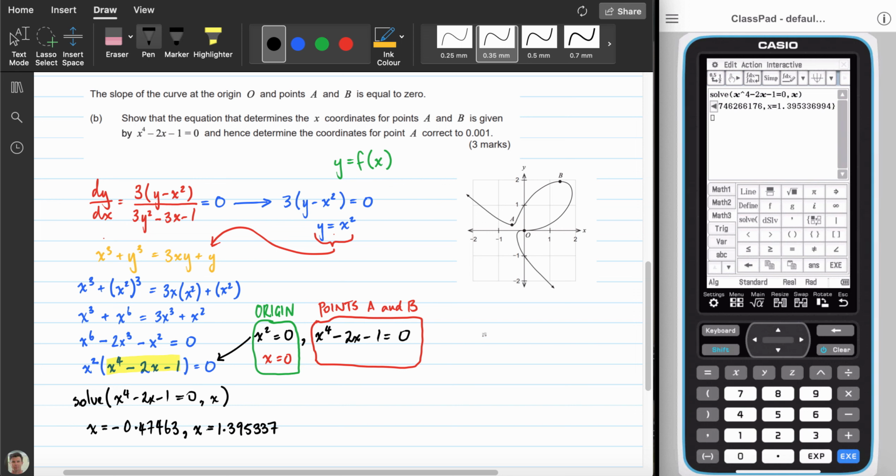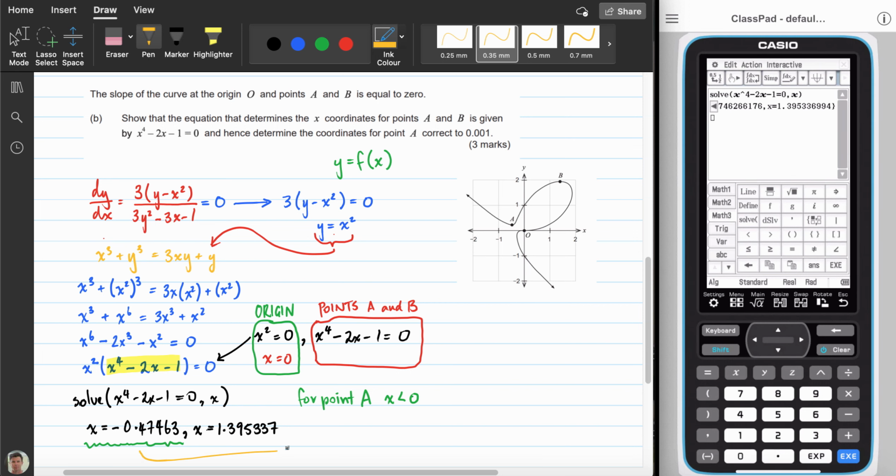Great, so now I have to just determine the coordinate for point A. Now we can see that for point A, x is less than 0, so as a result, we're going to be using this particular expression here. I have the x coordinate, not to the correct decimal places yet, but I'm going to use the more accurate x coordinate to find the y coordinate. We worked out that y was equal to x squared.